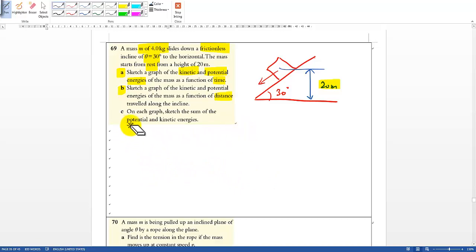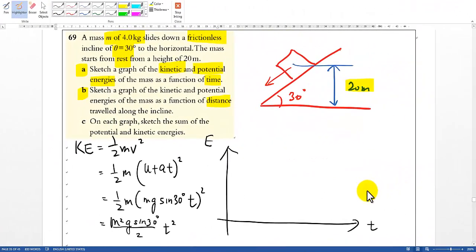Okay, so let's think about these first. Here's a way to do it. First of all, the question wants you to relate the kinetic energy and potential energy with respect to time. So just do one of them. I would say just do kinetic first, and then you can find potential, because when they add together it will be constant, so you just subtract from a constant value.